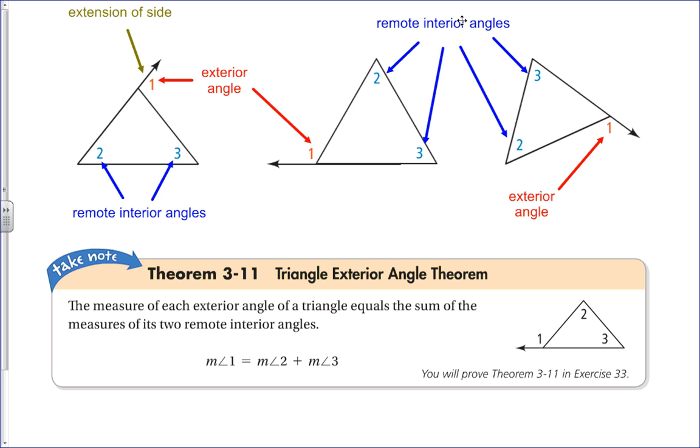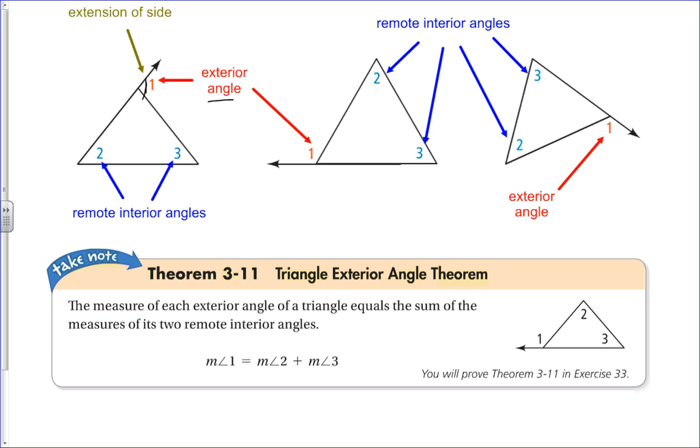All right, so let's talk about exterior angles, remote interior angles, and extension of the side. Now, your exterior angle, it said it's created by a side and an extension of an adjacent side. So if we had just this triangle here, and we extended this side out like they've done here, that creates an angle right here, which we're going to call angle 1.